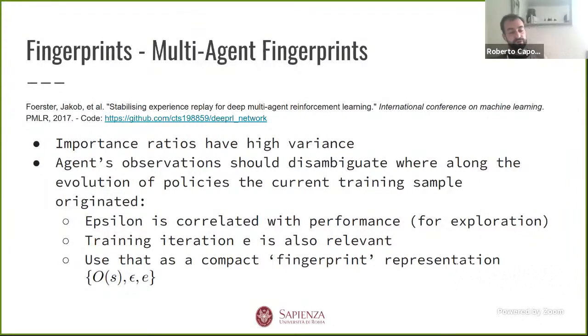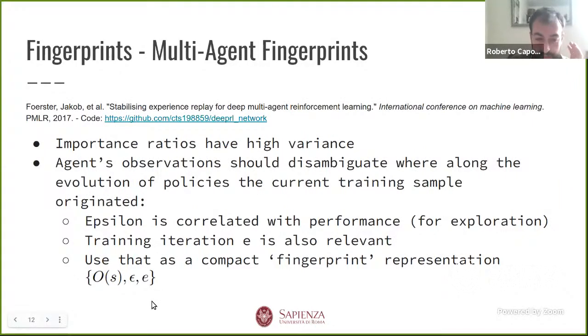And generally, when you do training with epsilon greedy policies, the epsilon has a decay so that the exploration diminishes together with the number of iterations. So if you also take into account this, which is correlated with performance for the exploration side of things, then you could think of allowing the agent to learn by means of not only the observation itself, but also the training iteration and the epsilon.